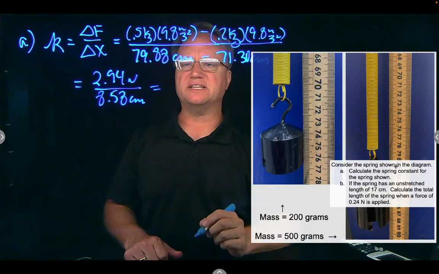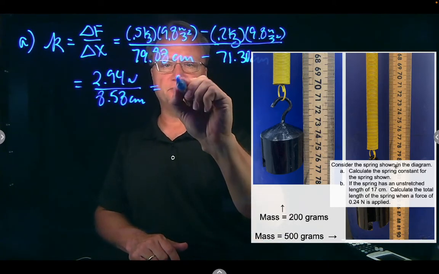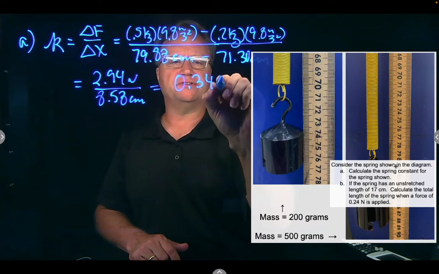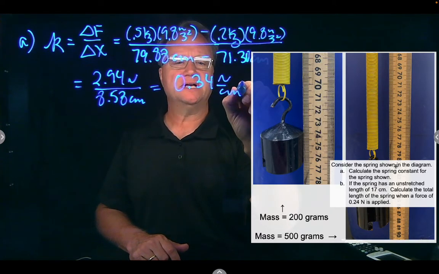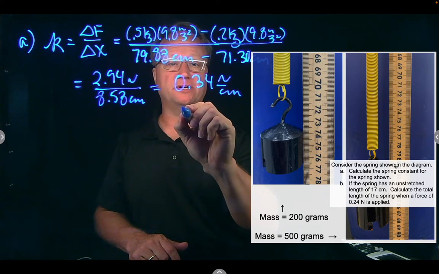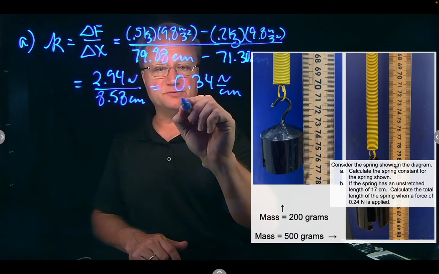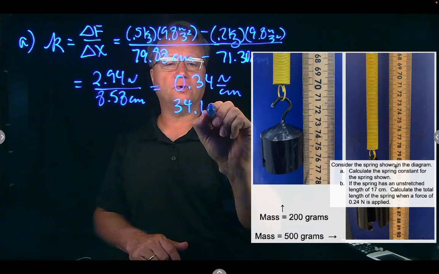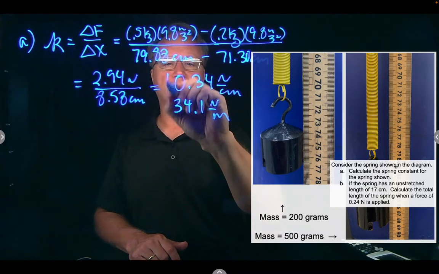So then when we divide that, we get a spring force value of about 0.34 newtons per centimeter. Sometimes we'll need that in newtons per meter. So if I convert it, that gives me about 34.1 newtons per meter.